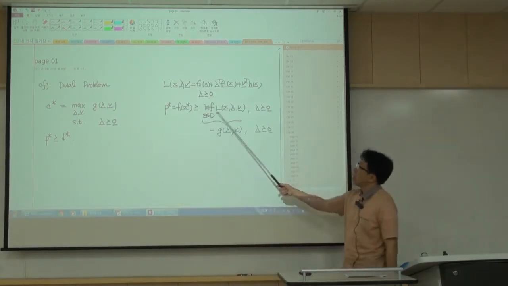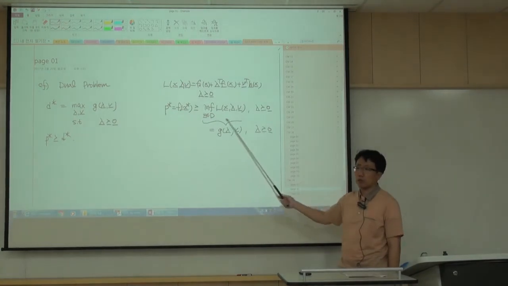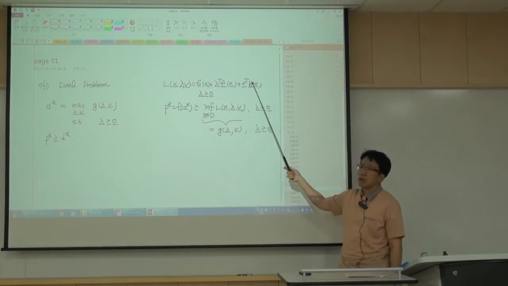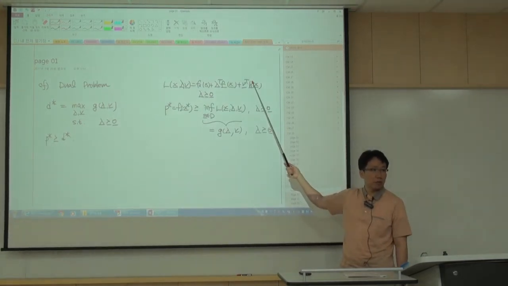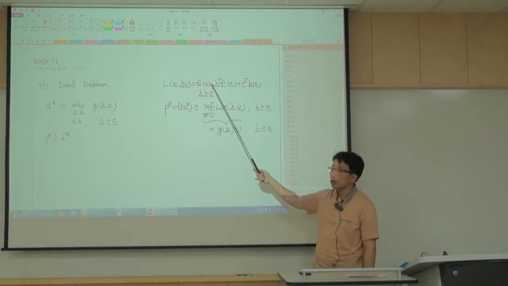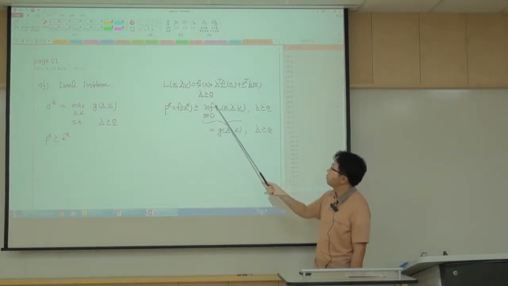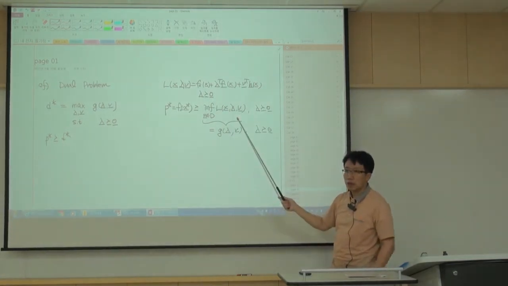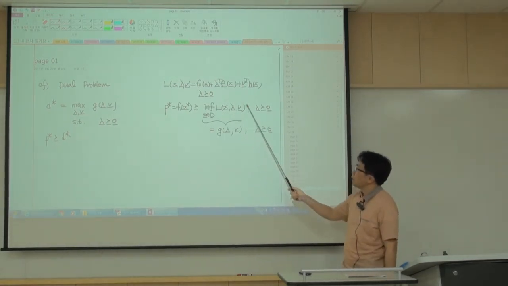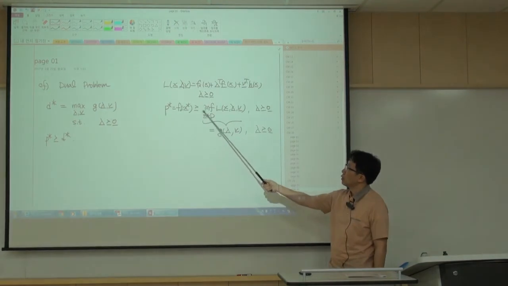And for this infimization, what can you do? If these functions are all differentiable, then you may differentiate this function, right? As you learned in calculus, you may differentiate this function in this set.